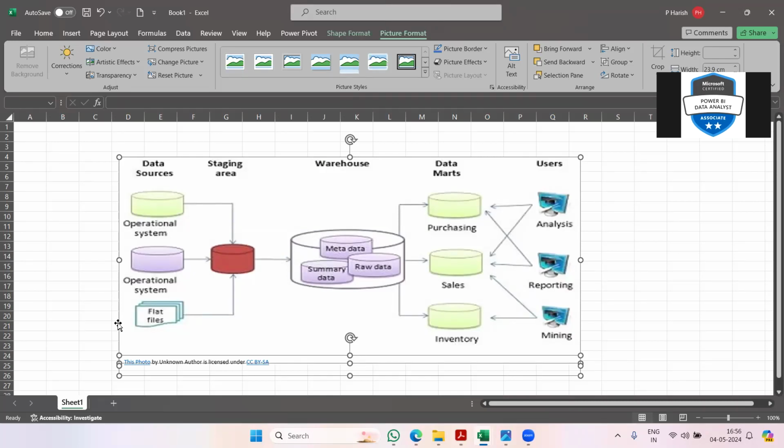suppose I want to analyze what my total sales are for today, or consider yesterday, or what my total sales are for the last year, last month, last quarter. To do that, I need to scan the entire data.